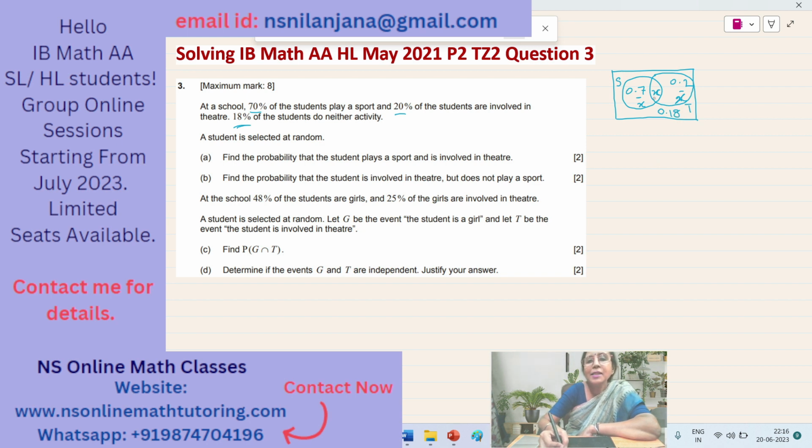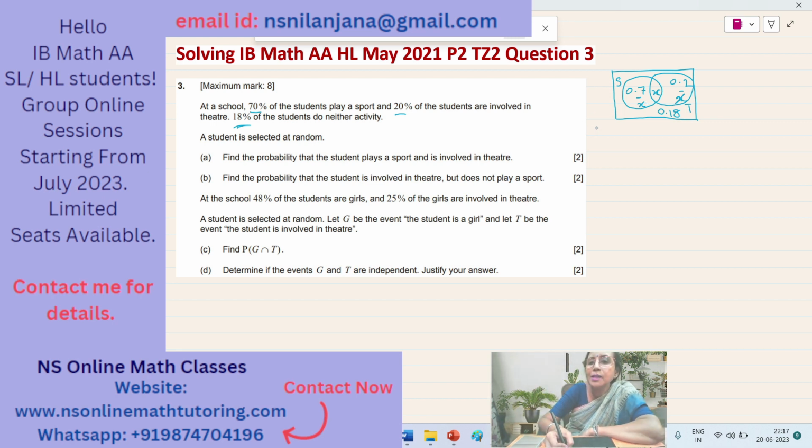Okay. And since now we are taking the probabilities, the sum total of all the probabilities should be equal to 1. So we can form an equation and get the X value. That is the first thing that we have to do.